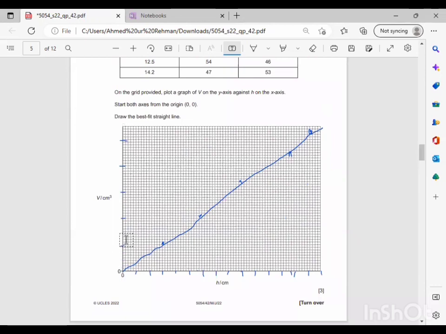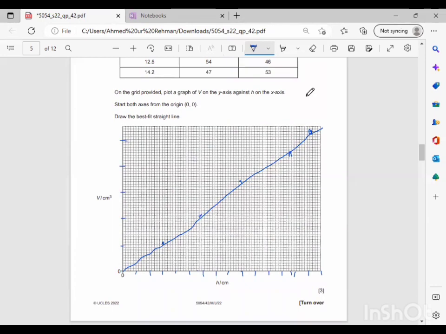Basically, you have your points, right? Now you need to construct your line in such a manner that it passes through most of the points. See, basically, if I try to construct a proper line, for example from here to here, then from here to here, it's not going to be a straight line, right?